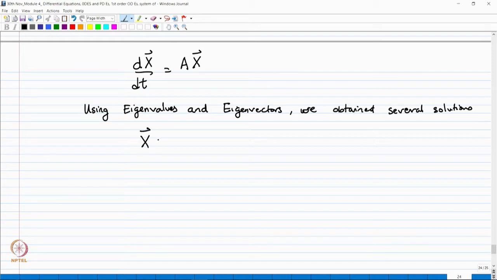So, x we wrote as x lambda e raised to lambda t, where A x lambda equals lambda times x lambda.